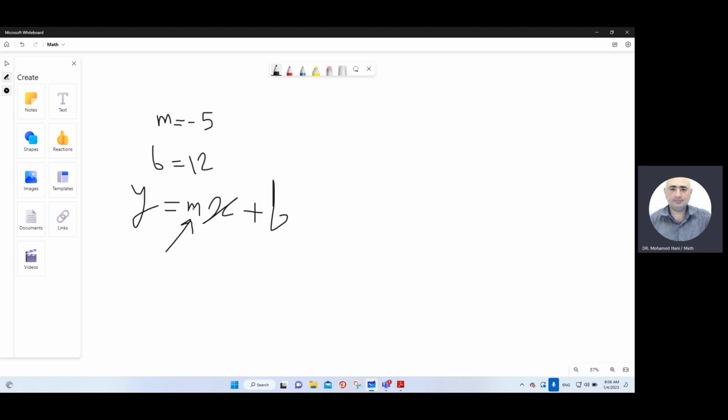The value of m is -5, but what is the meaning of m? M means slope. And what is the meaning of b? Y-intercept.